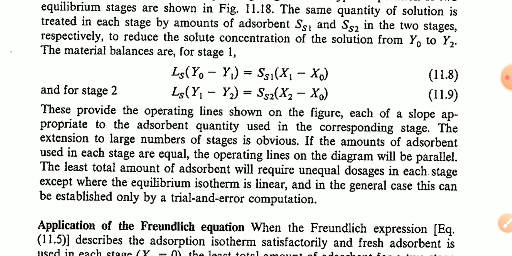The least total amount of adsorbent will require unequal dosage in each stage except where the equilibrium isotherm is linear, and in the general case this can be established only by trial and error.